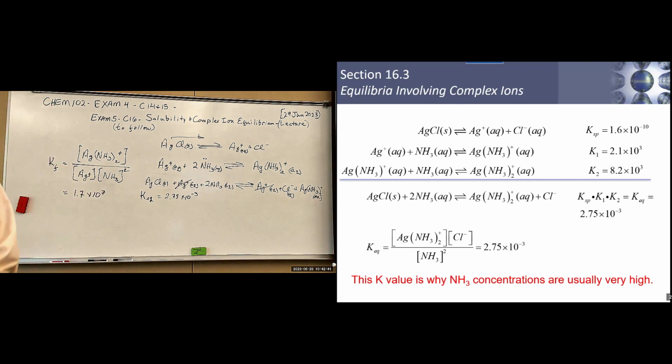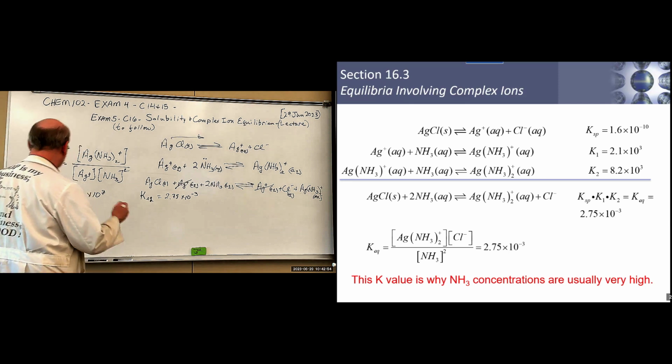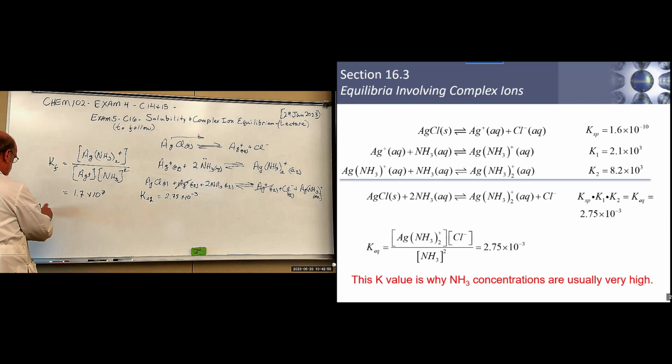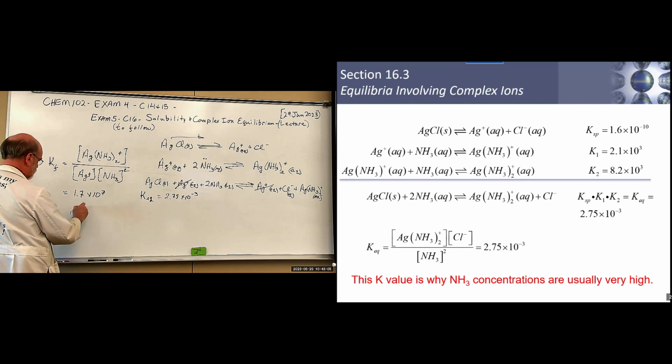I think it was, wasn't it? No. 10 to the minus 10. Yeah, 1.6 times 10 to the minus 10 for silver chloride and water. Ksp is 10 to the minus 10.